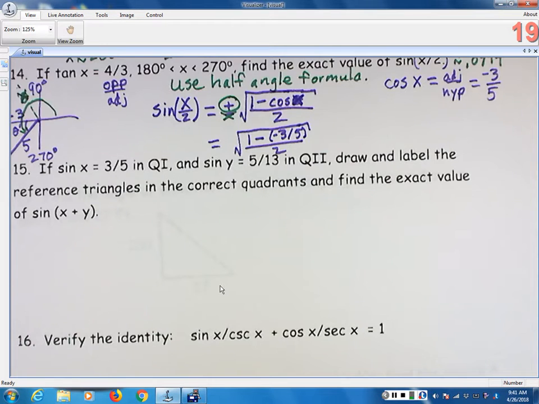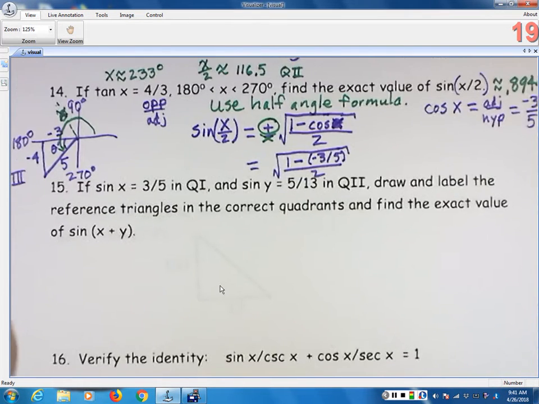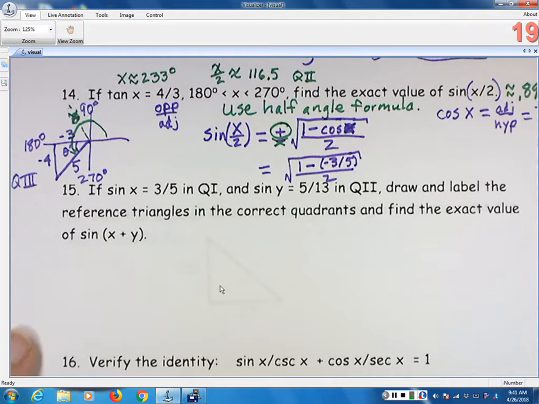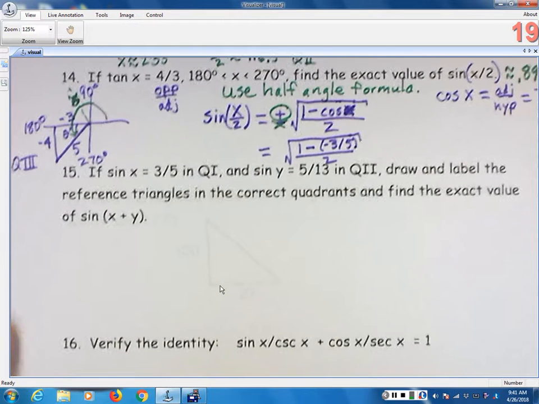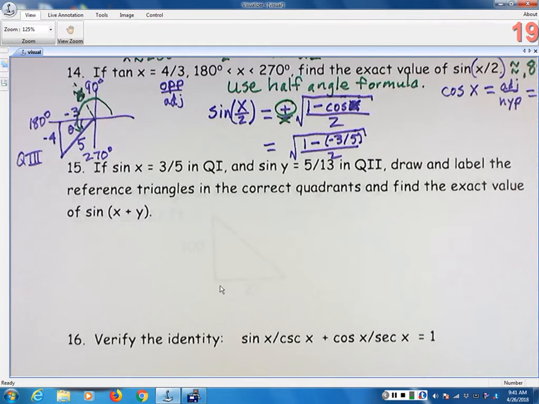All right. And then the next problem. So, you had one of these on a test. This is test 3? I think it was test 2.